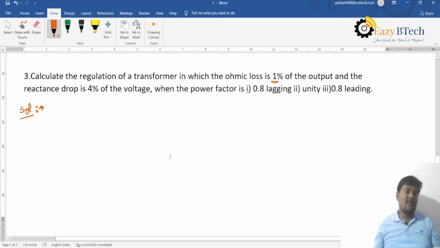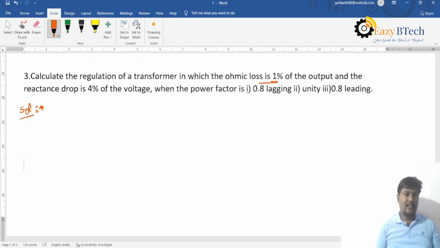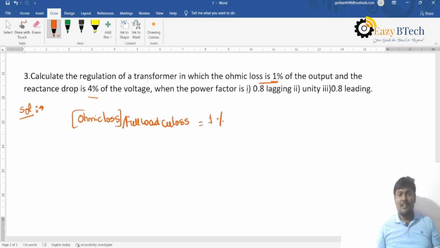Coming to the next problem, calculate the regulation of a transformer in which the ohmic loss is 1% of the output and the reactance drop is 4% of the voltage. Ohmic loss means full load copper loss, percentage full load copper loss is equal to 1%.